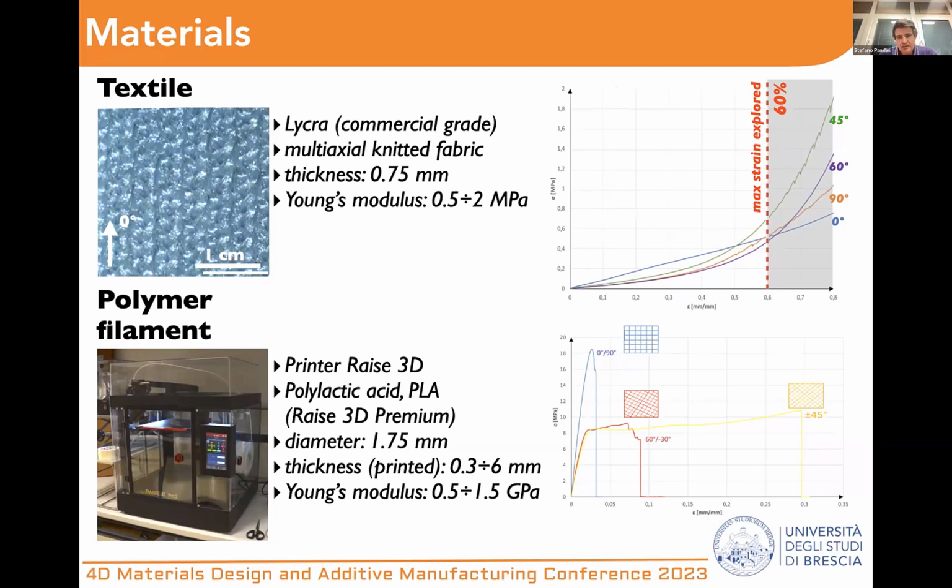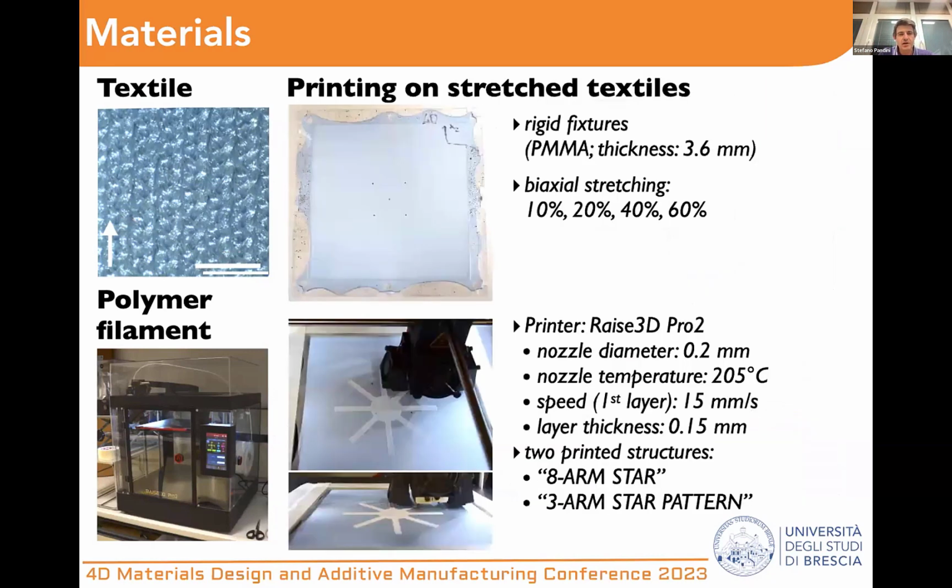The main relevant consideration on the mechanical side regards the stiffness mismatch between the textile and the polymer, which may be quantified at about 3 orders of magnitude. The constituents were assembled by first subjecting the textile to a nearly homogeneous biaxial stretch by mounting it on a rigid frame, and this was done at various pre-stretch levels up to 60%.